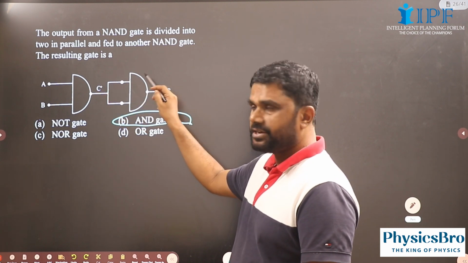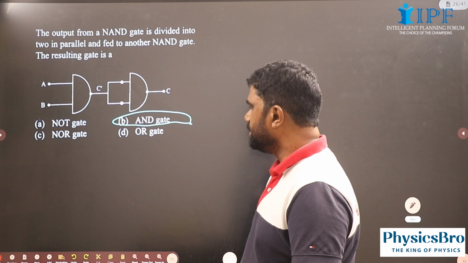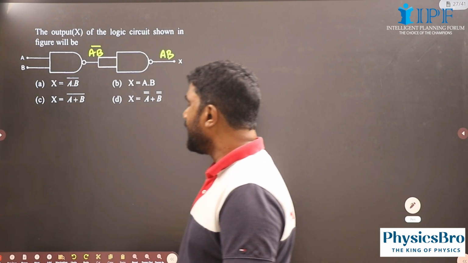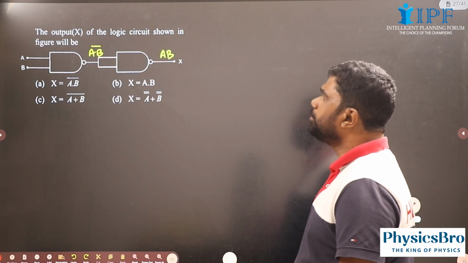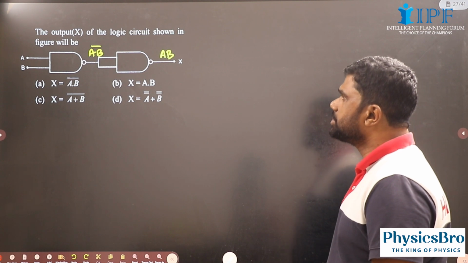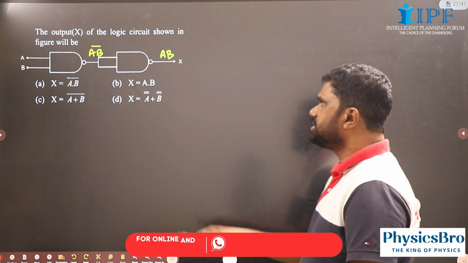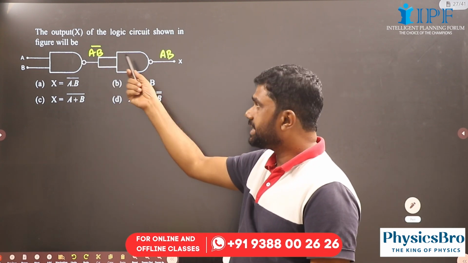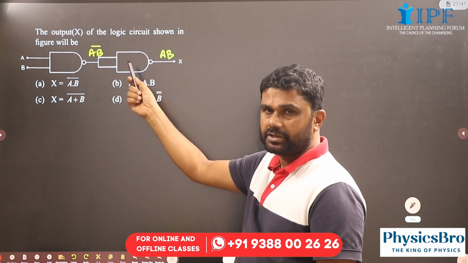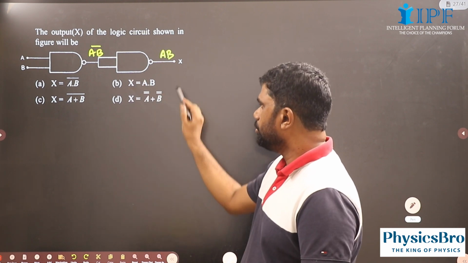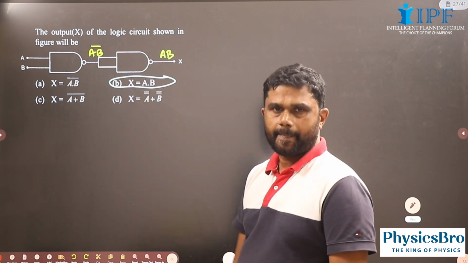This will act as an inverter. Finally, we will get AB. So it acts as an AND gate. Now output X of the logic circuit shown in the figure will be, this is AB complement, and the second NAND gate will act as an inverter. Finally, we will get AB. So X equal to AB.